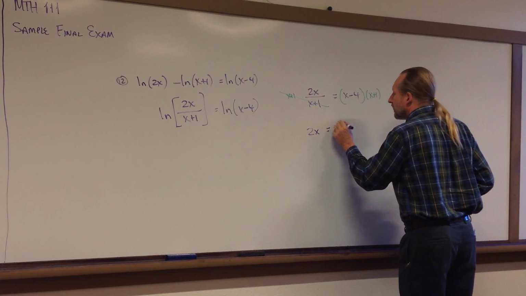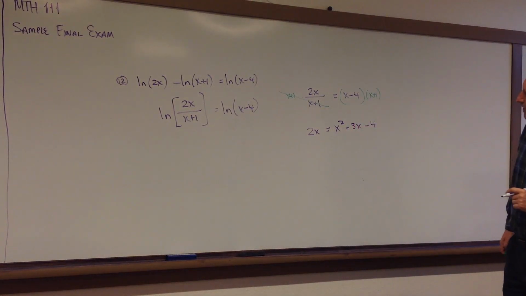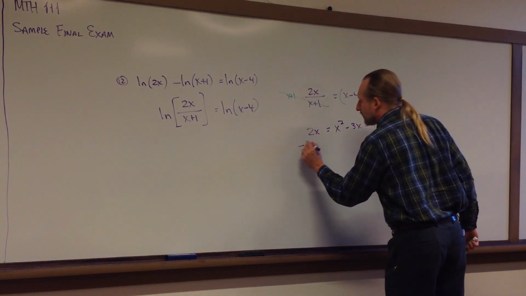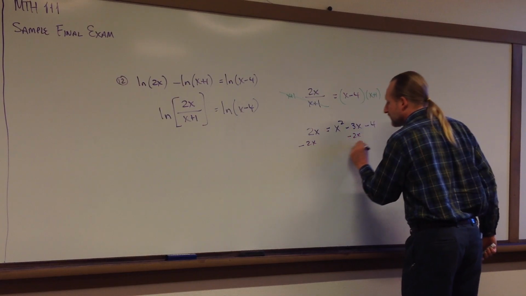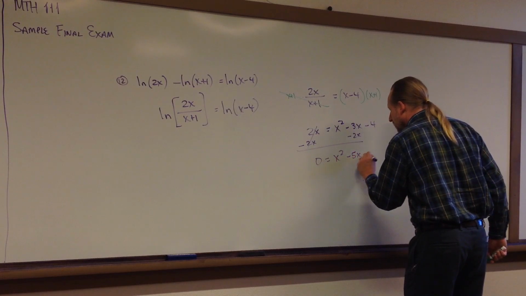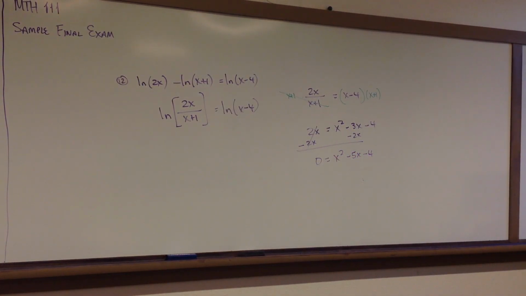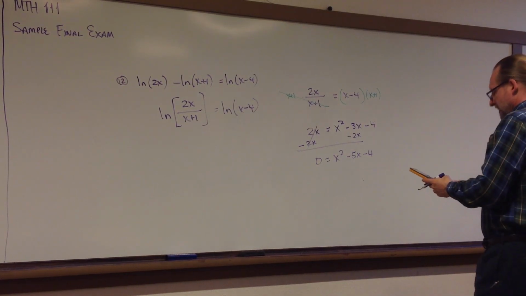Over here, we get x squared minus 3x minus 4. And then we'll subtract the 2x on both sides and get a quadratic x squared minus 5x minus 4. And then we'll run that through the quadratic formula and see what we get.